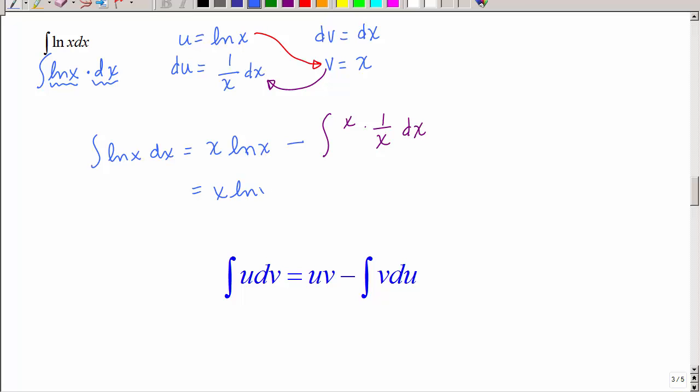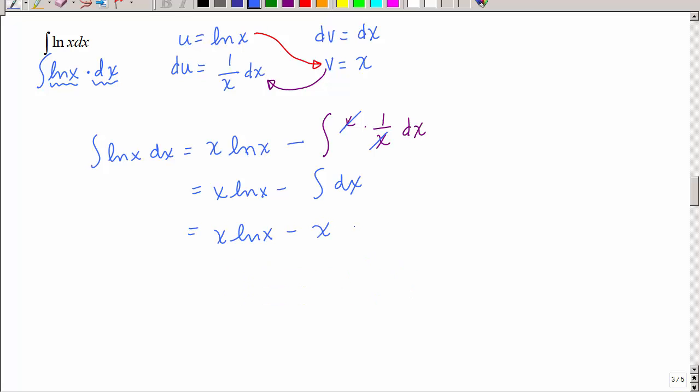So doing some simplification, of course that's just 1 dx. And then we know how to integrate that. That's just x. And here's where we need to put that plus c. So that is how we integrate the natural log of x. Really pretty easy when you're using integration by parts.